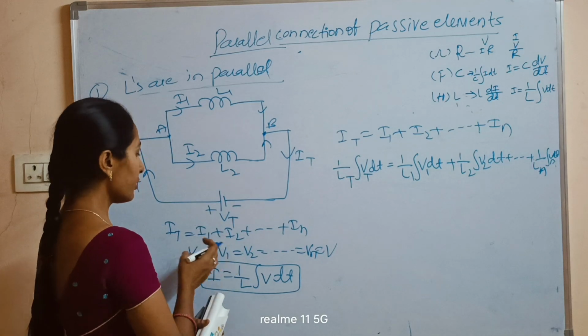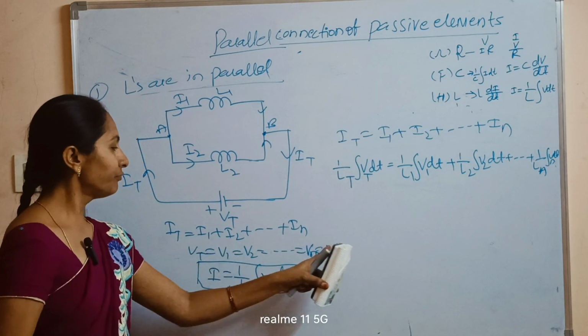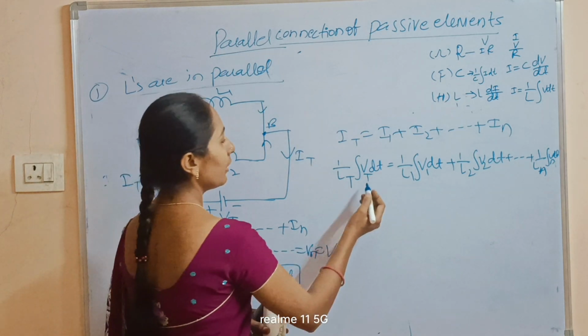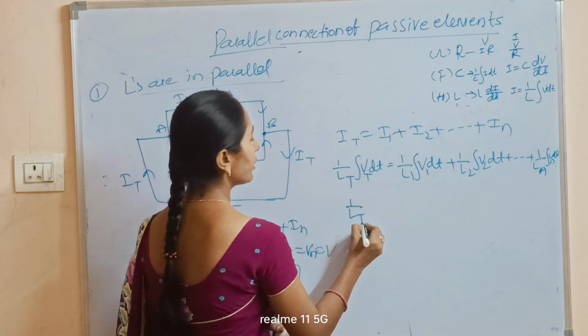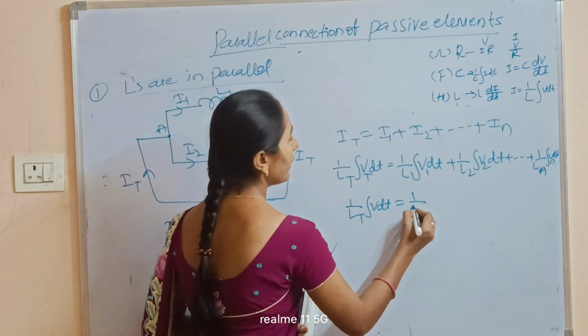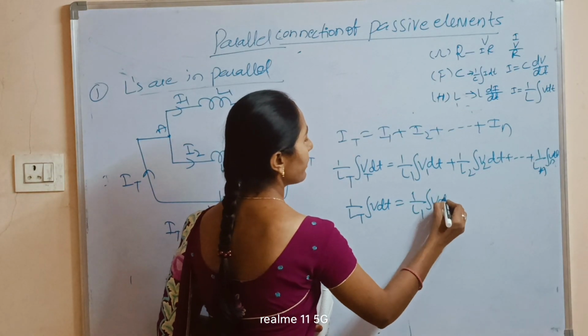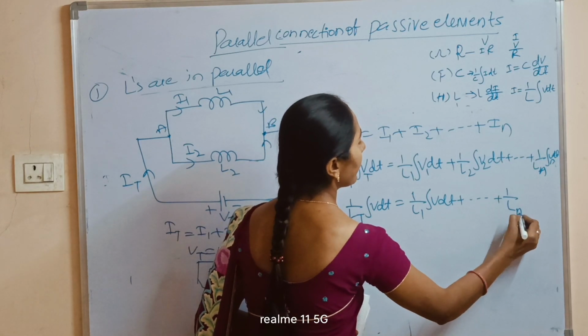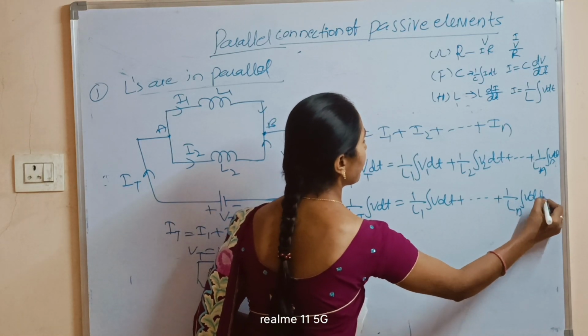Now in a parallel connection, as I told you, the voltage must be the same. So write it as 1 by L total into the integral of V dt equals 1 by L1 into the integral of V dt plus so on, plus 1 by Ln into the integral of V dt.